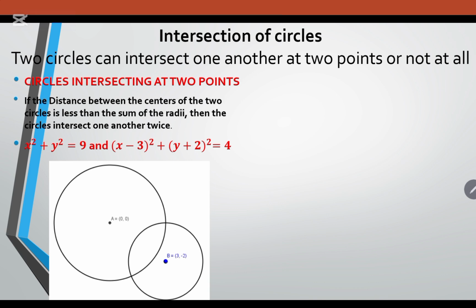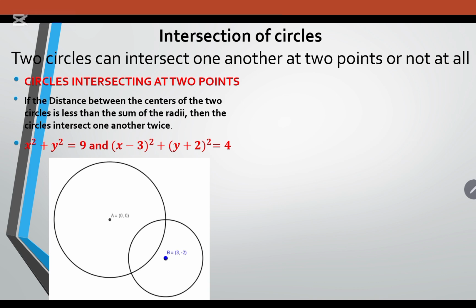We say if the distance between the centers of the two circles, the distance between point A and point B, is less than the sum of the radii, then the circles intersect one another twice.